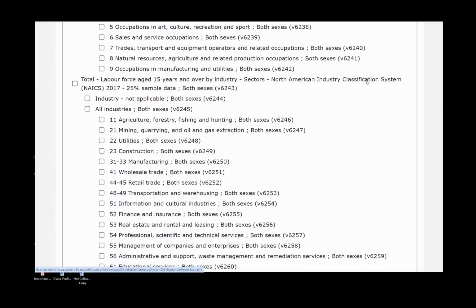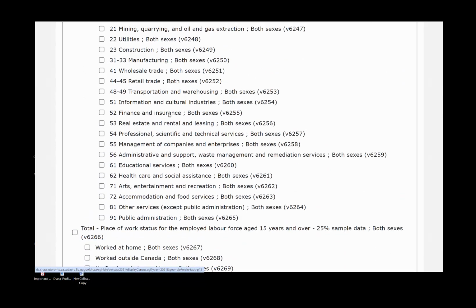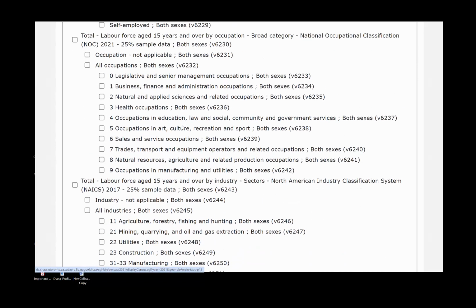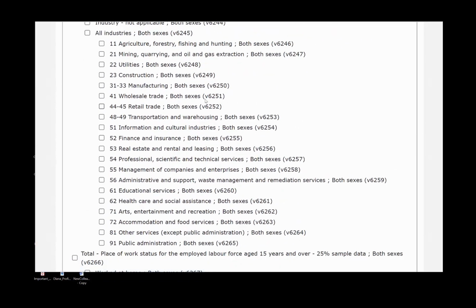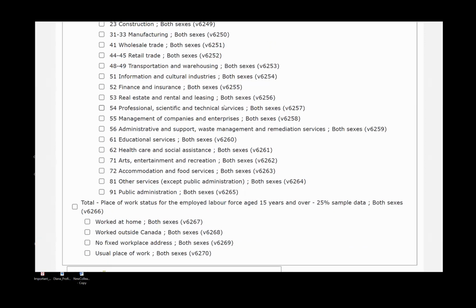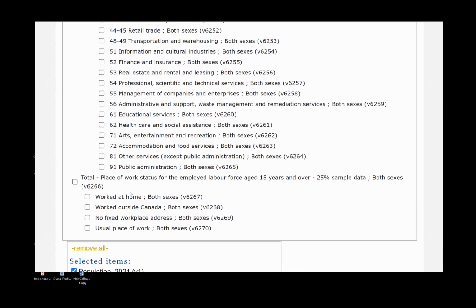North American Industry Classification System, and there are more here compared to the National Occupational Classification. So you might be interested in the employment groups of the residents in the DA, and also whether they work at home or outside home, and whether there's no fixed workplace for the workers in the DA.